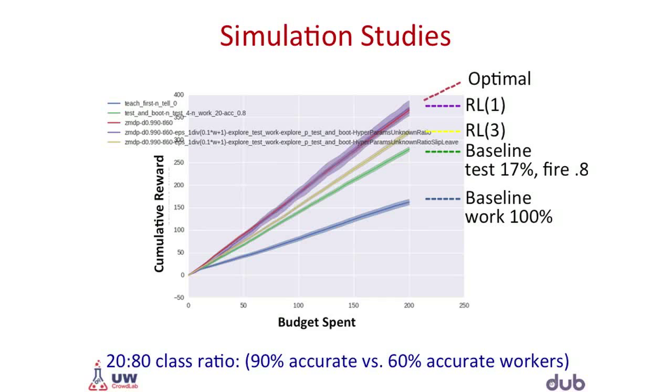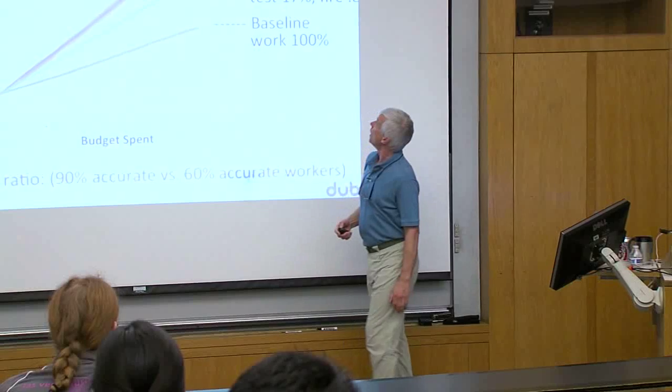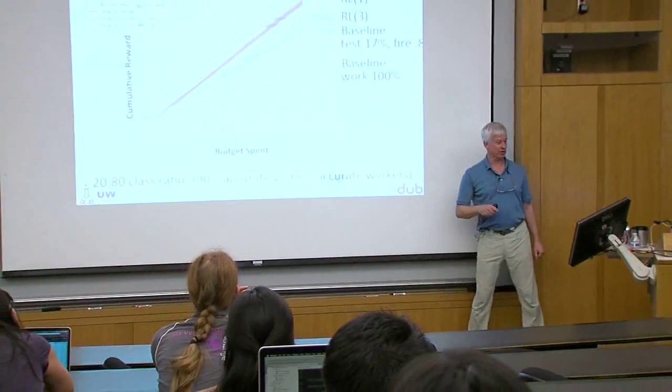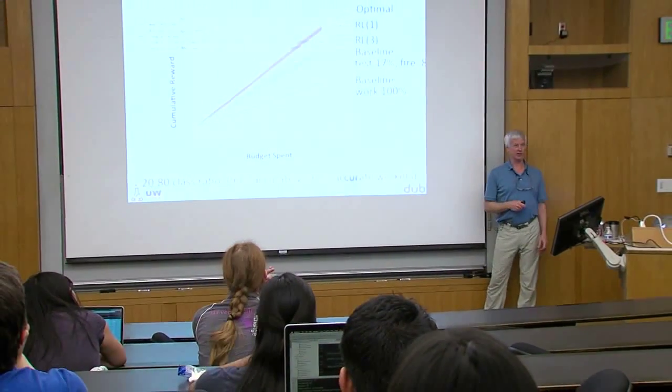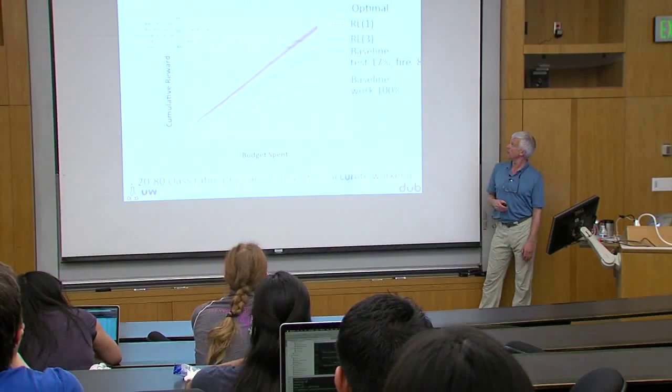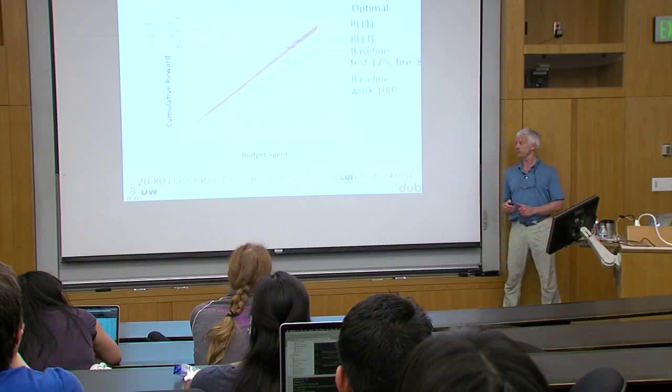If you basically say, let's test them 17% of the time, which is pretty much what most NLP researchers do, then you get much better results. And when we use our reinforcement learning algorithm, we actually get much, much better results than that. In fact, very close to optimal.